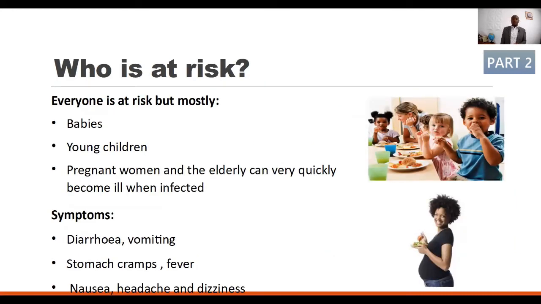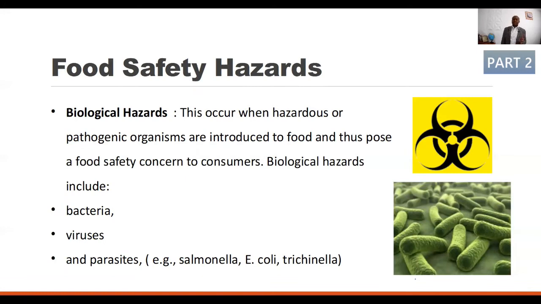Now, we're going to cover physical hazards and also chemical hazards later on. Okay, so the 3 types of food safety hazard: biological hazard, physical hazard, and also chemical hazard. We're going to cover this later on in details.